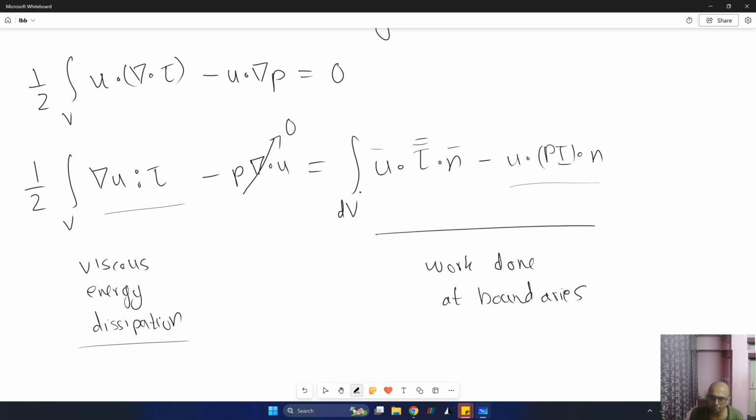So you could apply a pressure boundary, or rather a pressure gradient, or even a Dirichlet boundary condition, where velocity is equal to some constant value. So you could get this integral again as a reaction force at that boundary by integrating the traction at the boundary and dotting it with the velocity.